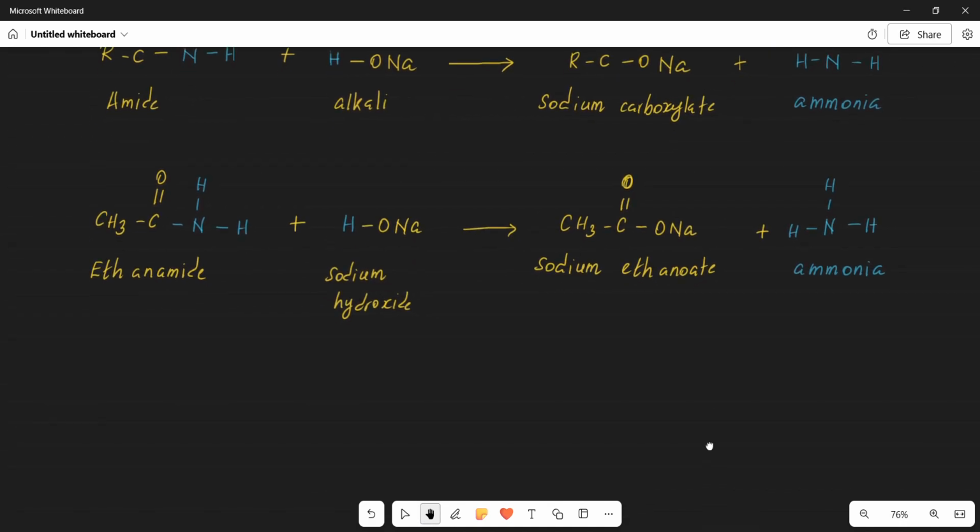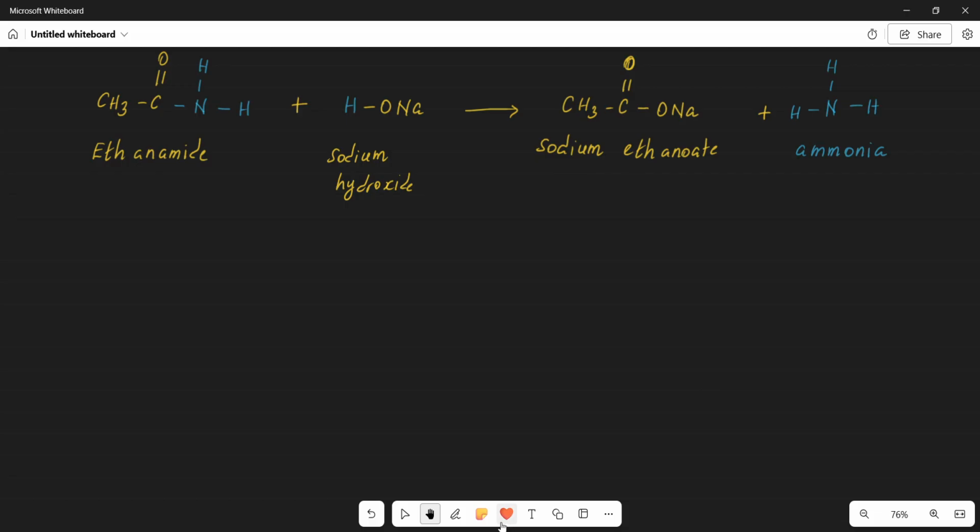Now we are moving further with substituted amide. What will I get when I use substituted amide? Let me use first the general formula. This is the substituted amide's general formula. You have two different alkyl groups. This is the substituted amide.